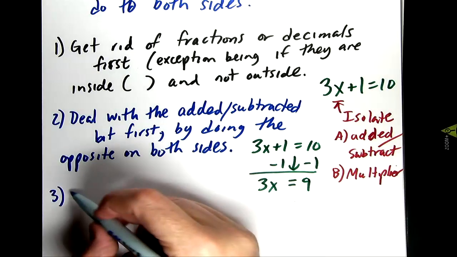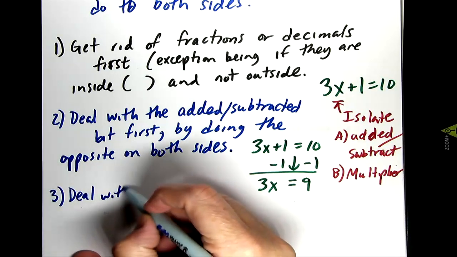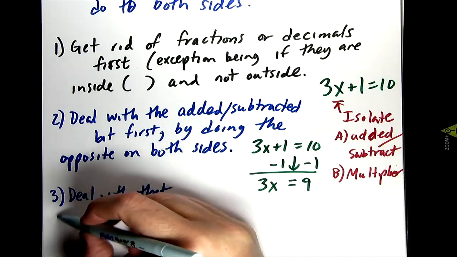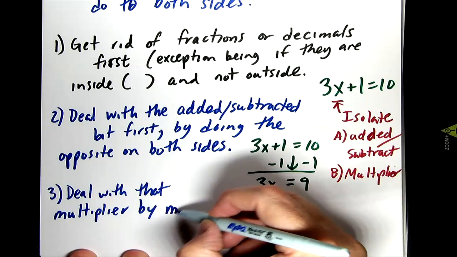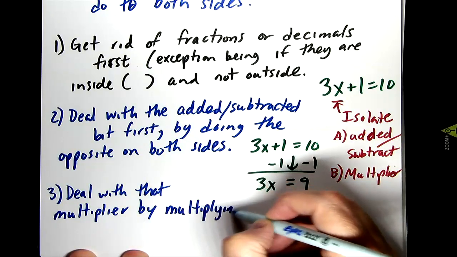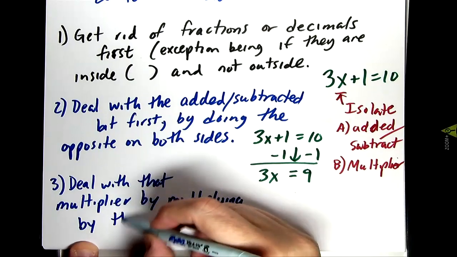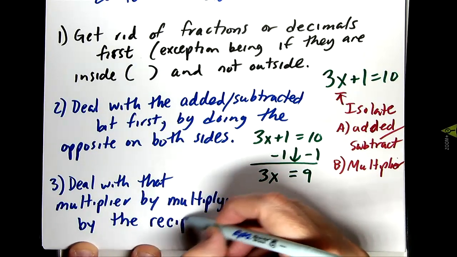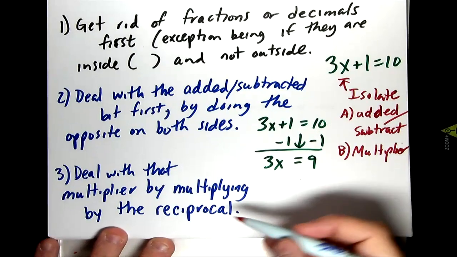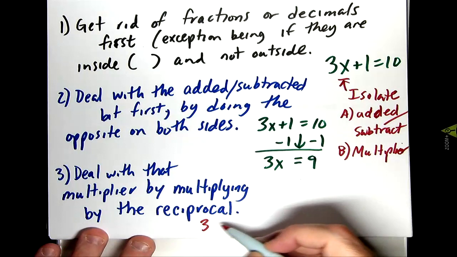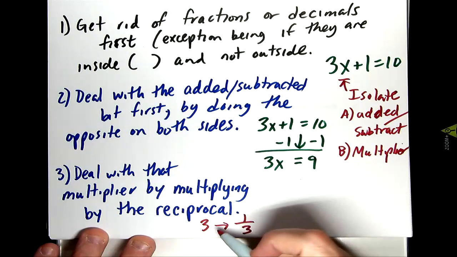We're going to deal with that multiplier by multiplying by the reciprocal. So reciprocal, like 3, its reciprocal is 1 over 3, because I can write 3 as 3 over 1.